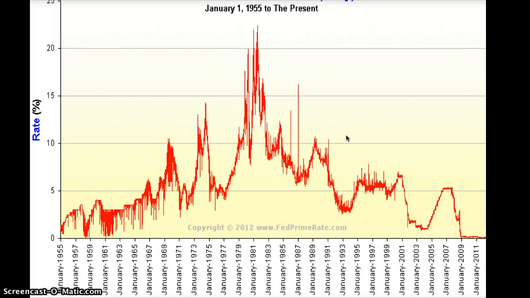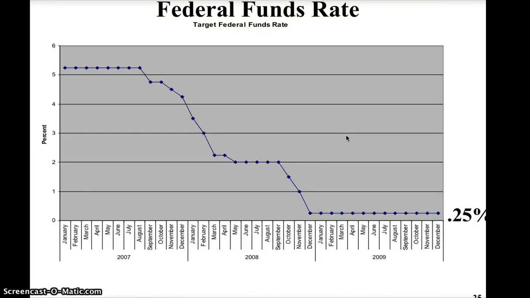And you can see that it has fluctuated through its history, gotten as high as 20% in the 80s. But what's very interesting is what has happened in more recent times.